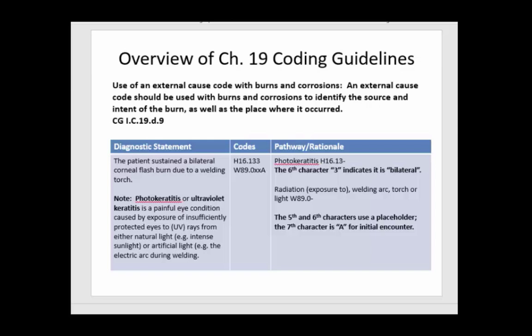But the diagnostic statement I've chosen is something a little bit different, and I did this because I wanted you to know that sometimes a burn may not be in the burn chapter, Chapter 19, especially when you're talking about eyes. The patient sustained a bilateral corneal flash burn due to a welding torch. A corneal flash burn is really photokeratitis.